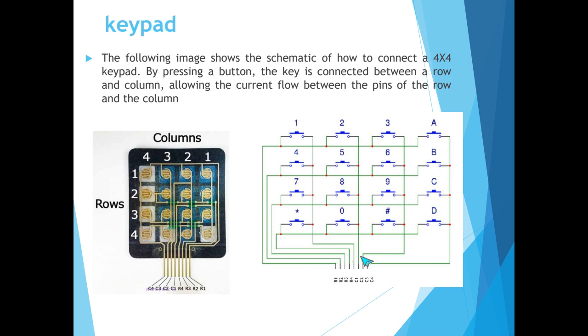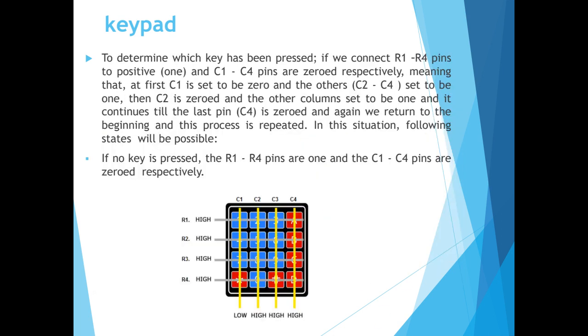And these are actually connected to the microcontroller. I will talk about them in the next slides. By pressing this switch, we actually create a connection between the row and the column related to this switch.